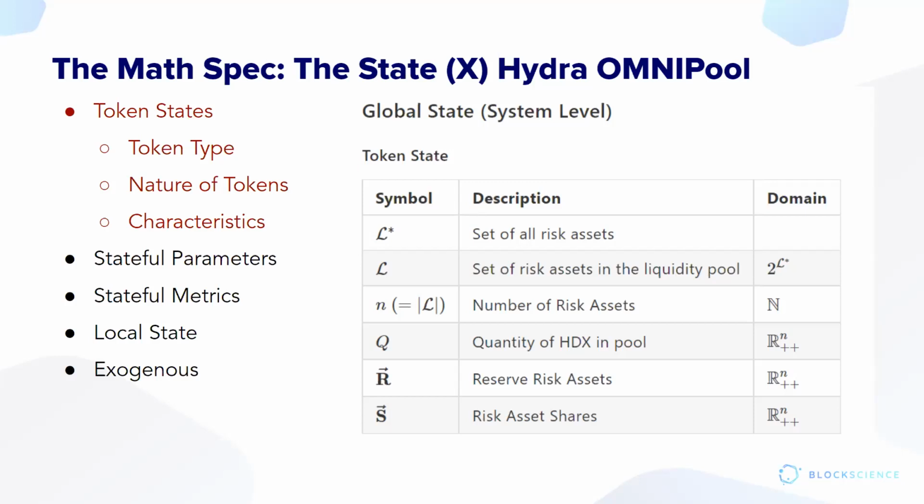So maybe a bit of a misnomer, because it could be a stable coin. We've just said it's anything that isn't Hydra. We might want to revisit that name. An important quality here is that there would be stable coins in an OMNIPool, or even baskets of them. Very important, thank you.